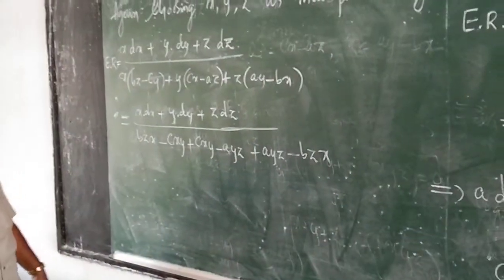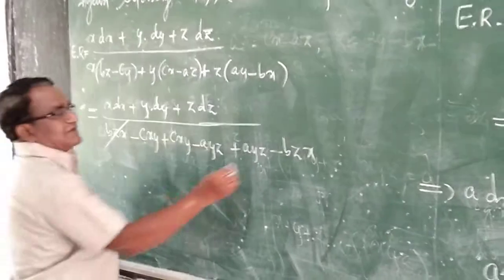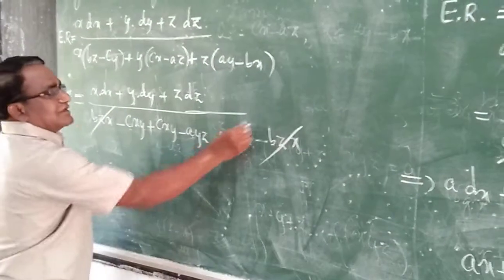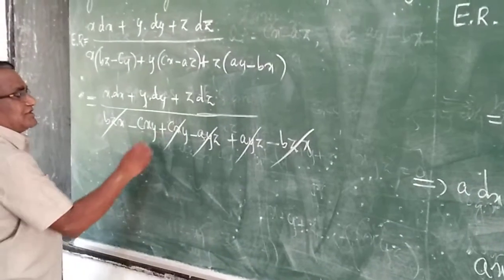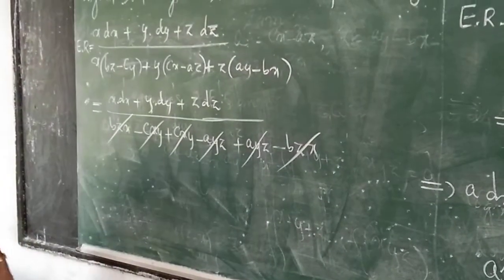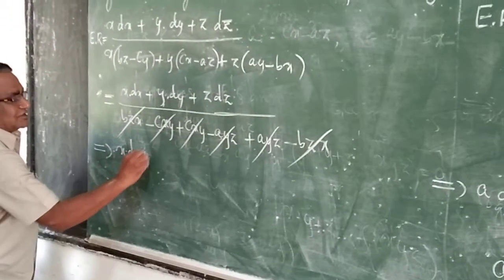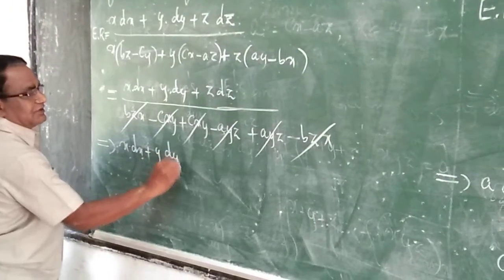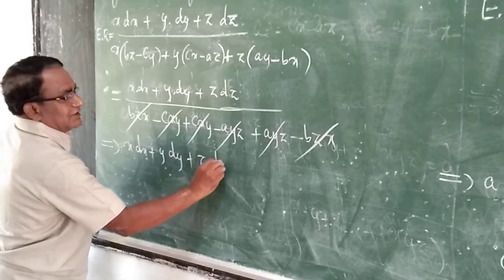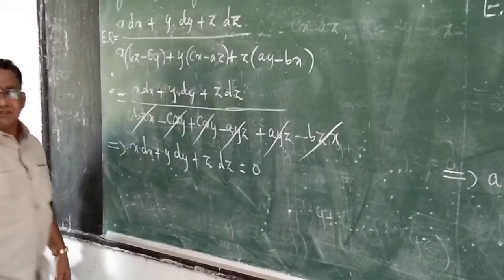And you can observe here plus bzx minus bzx, plus ayz minus ayz, plus cxy minus cxy gets cancelled, and this implies what? x into dx plus y into dy plus z into dz is equal to 0.